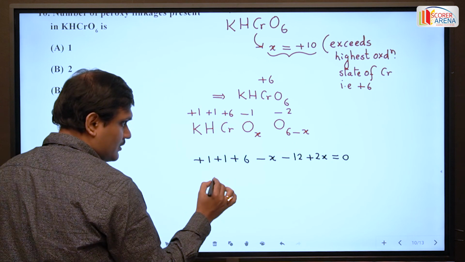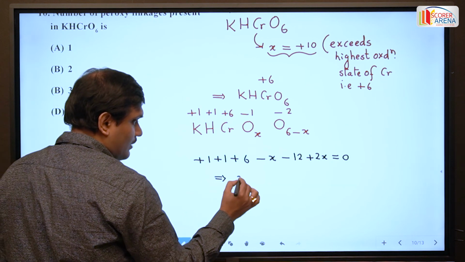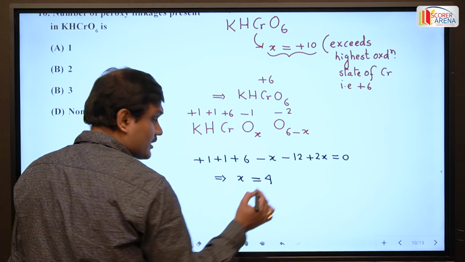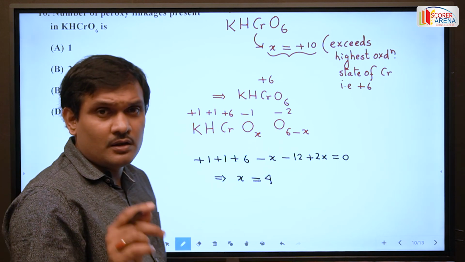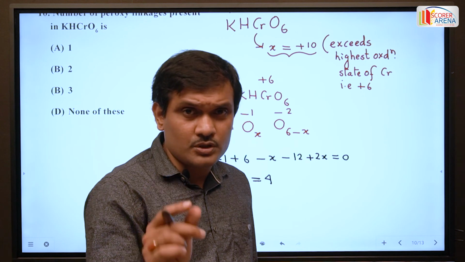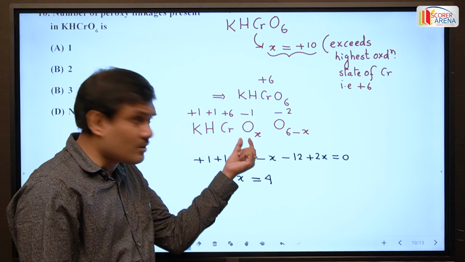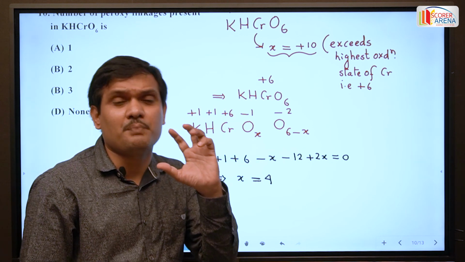If you simplify it, you get the value of X as 4. What is X? We have taken X as the number of oxygen present as peroxide. So 4 oxygen atoms will be present in the form of peroxides.